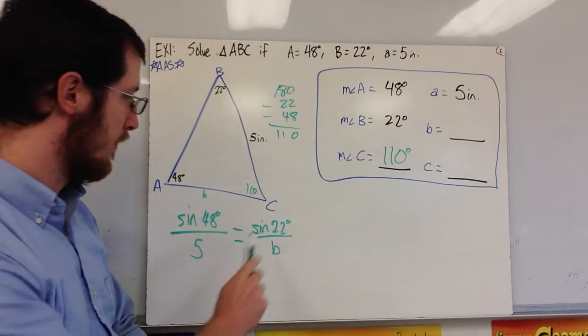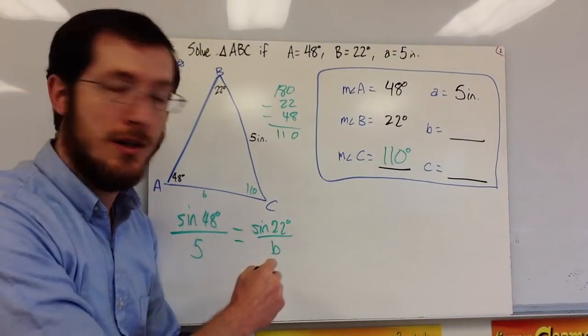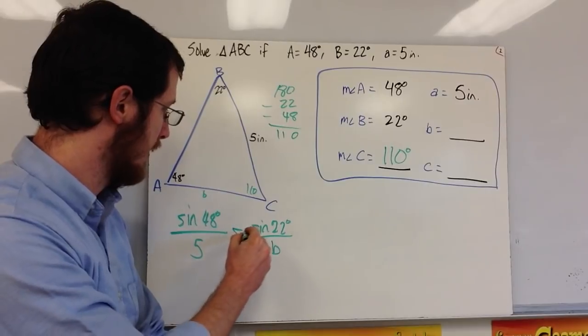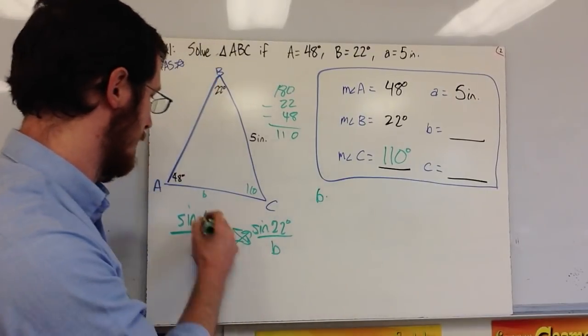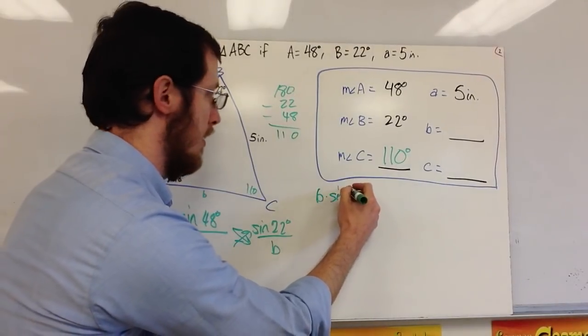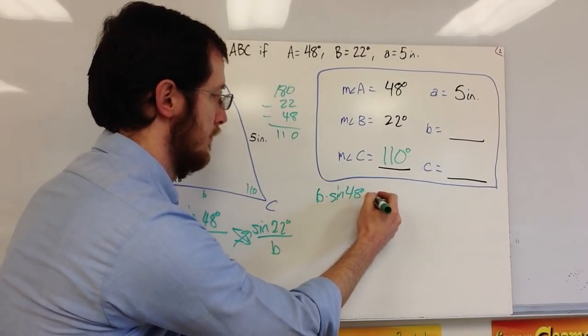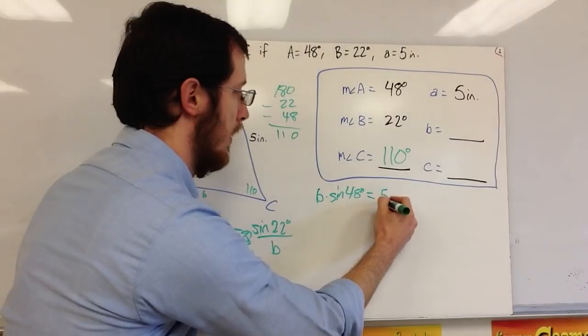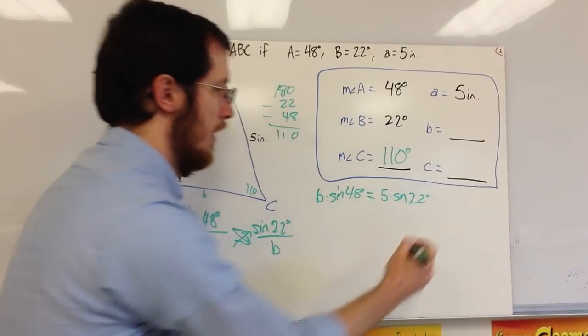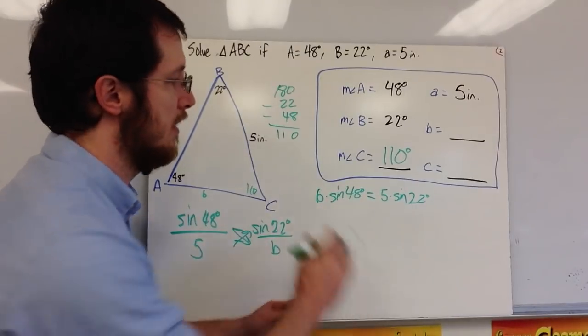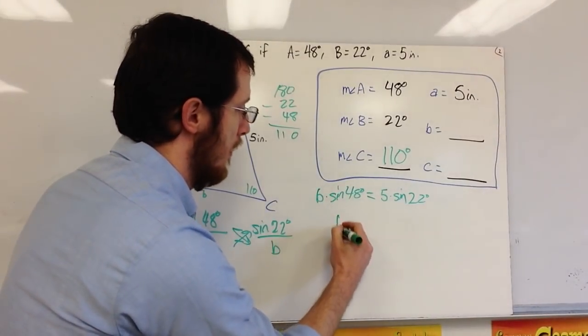If we want to solve for little b, then we can do cross products since we've got a proportion. So that would give us b times the sine of 48 degrees equals 5 times the sine of 22 degrees. And again, we're solving for b, so let's divide both sides by sine of 48.